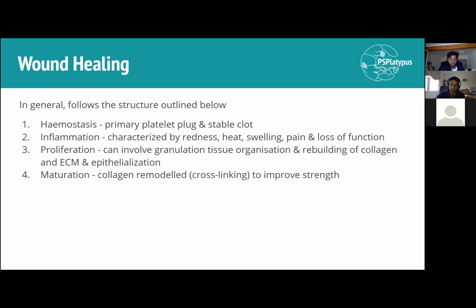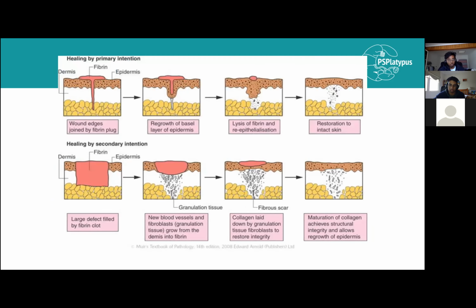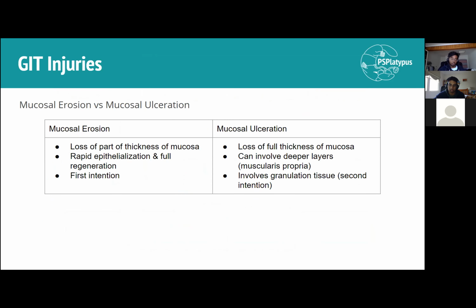So going back to this slide, we saw granulation tissue in proliferation, rebuilding collagen. Extracellular matrix is also rebuilt because it's damaged, and then epithelialization, and then the final step of maturation. So applying that same principle, we just saw wound healing on the surface of the skin. Now we can look at GIT infections, for example, or injuries. So there are two different types. We have mucosal erosion or mucosal ulceration.